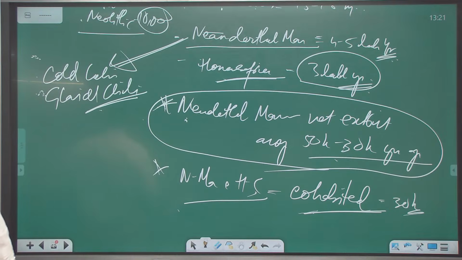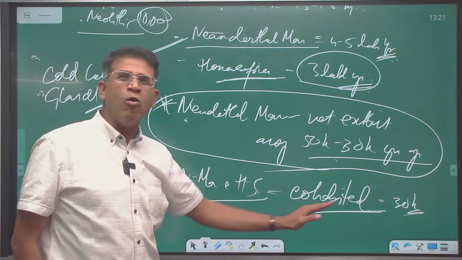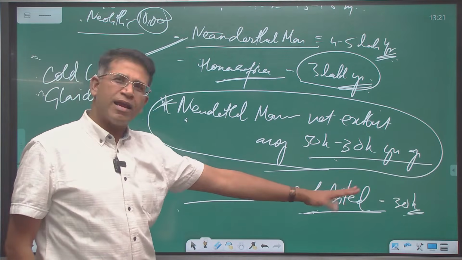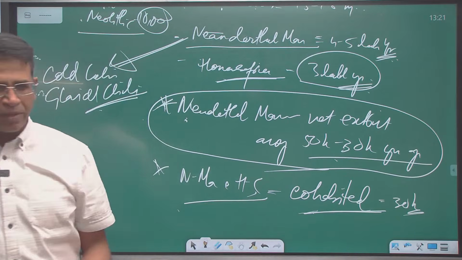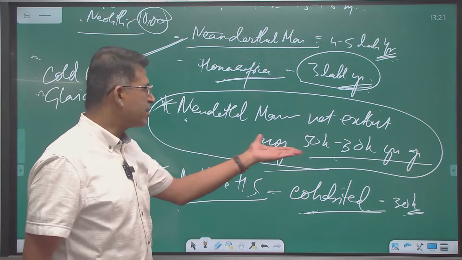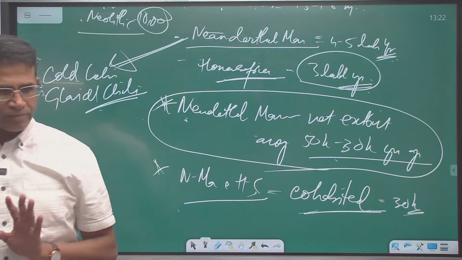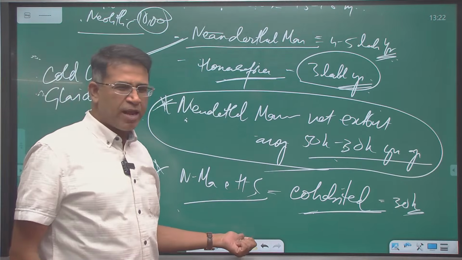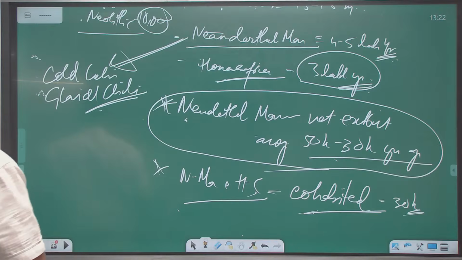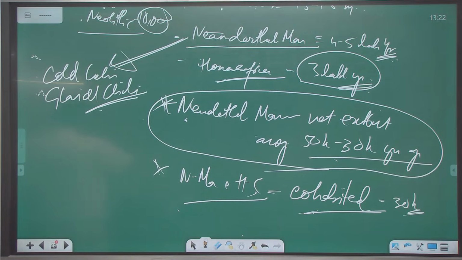Okay? So Neanderthal man and Homo sapiens, they lived together around 30,000-40,000 years ago. And then for some reason, Neanderthal man also goes extinct. You can add a point here that Neanderthal man migrated more towards Europe.